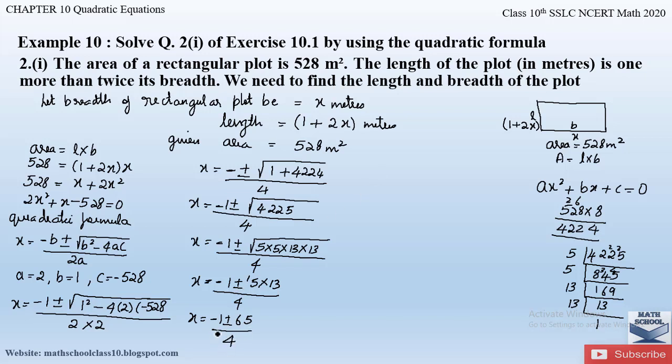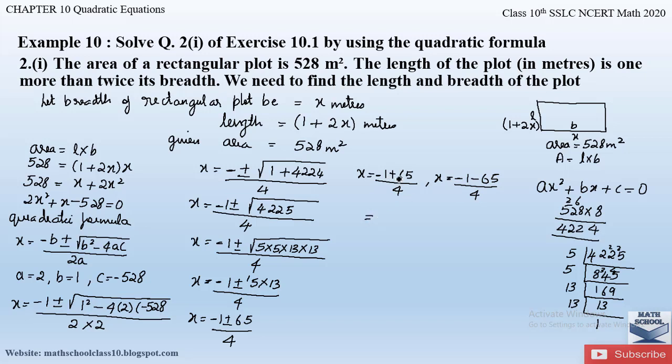Now we are going to take two roots, one with plus sign and another with minus sign. x is equal to minus 1 plus 65 divided by 4, and x is equal to minus 1 minus 65 divided by 4.